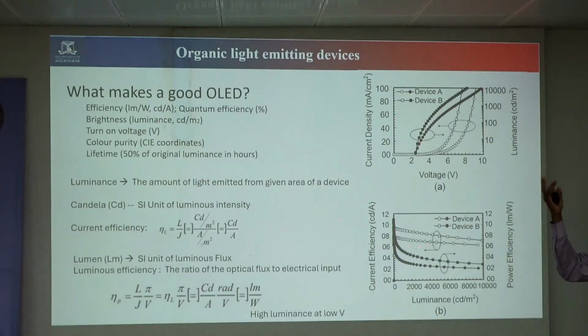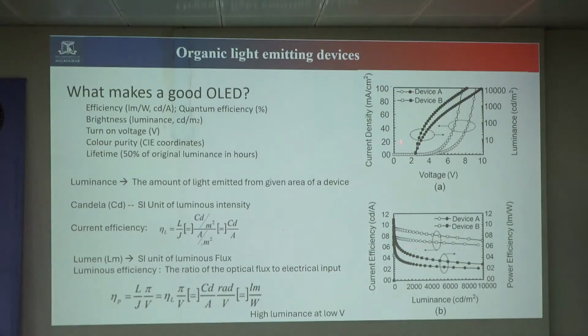Normally we won't get 100%, we get maximum 80 or 90%. In OLED, it is the opposite: how many photons we get out, because we are injecting electricity, holes and electrons, and we get light out. So how much light you get output with respect to how much you inject, that is your efficiency here. Basically you have two: one is current efficiency, the other is luminous efficiency. Those are for emitting.